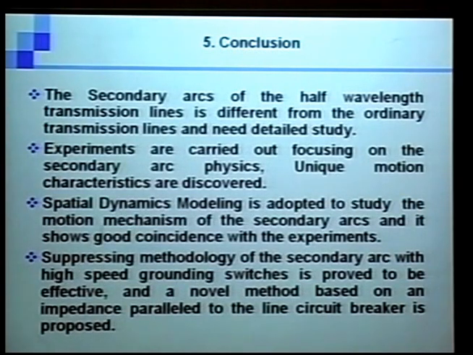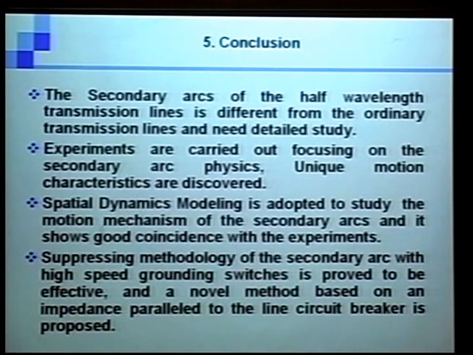The second arcs of the half-wavelength transmission lines are different from those of ordinary transmission lines and need detailed study. Experiments are carried out focusing on the second arc physics, and unique motion characteristics are discovered in the experiments. Dynamic modeling is adopted to study the motion mechanism of the second arcs, and it shows quite good coincidence with the experiments, but I still need further study.